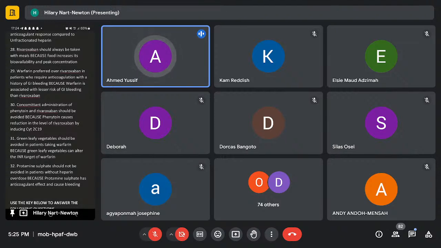Rivaroxaban and dabigatran tend to have higher risk of gastritis and GI bleeding. Let's move on.